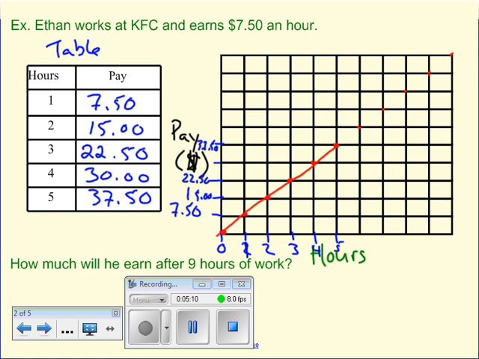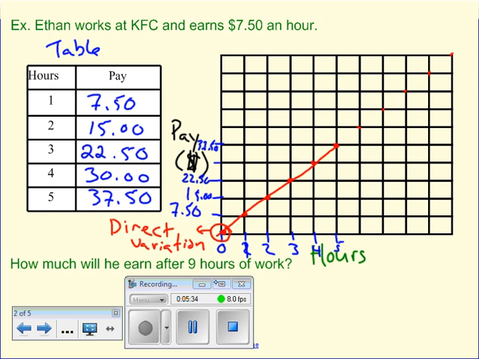And this is an important point. If the graph starts at 0, 0, this tells me it is direct variation, and that's if and only if the graph starts at 0, 0. So it's a direct relationship starting at 0, 0.